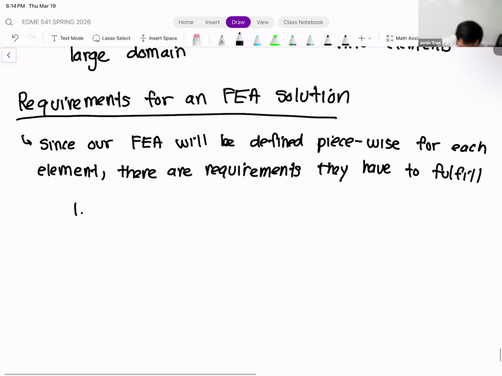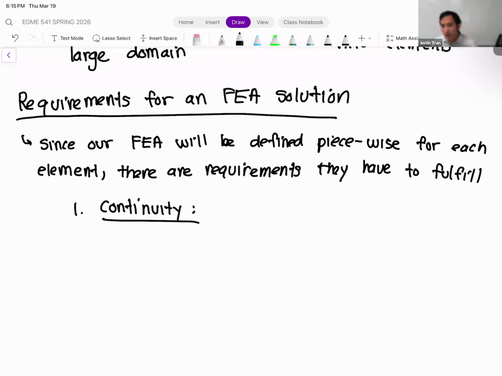So the first requirement that we are going to state is the requirement of continuity. Remember, the way that we're defining our FEA solutions is that we're solving for a separate solution on each individual element. But when you go from one element to the next, you should not have any discontinuities in your solution.